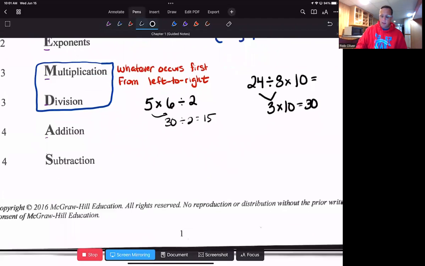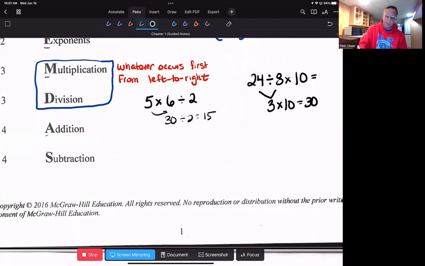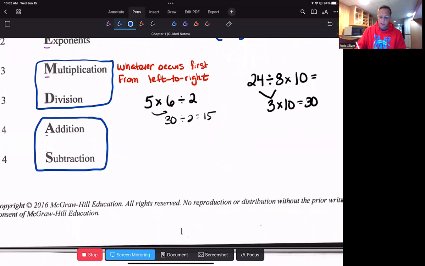Okay. And the same thing goes for addition and subtraction. When addition and subtraction are together, it's whatever comes first from left to right as well.